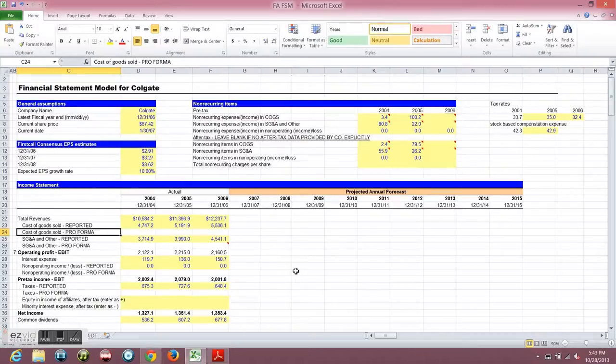For some reason, they make it difficult for us to find them because they're not mandated to tell us which items are non-recurring. In some cases they do point that out, but in other cases they really don't. So we have to go in there and find it ourselves. You'll also notice that our equity and income affiliates and our minority interest expense, we haven't really found yet, because we didn't see these on our income statement.